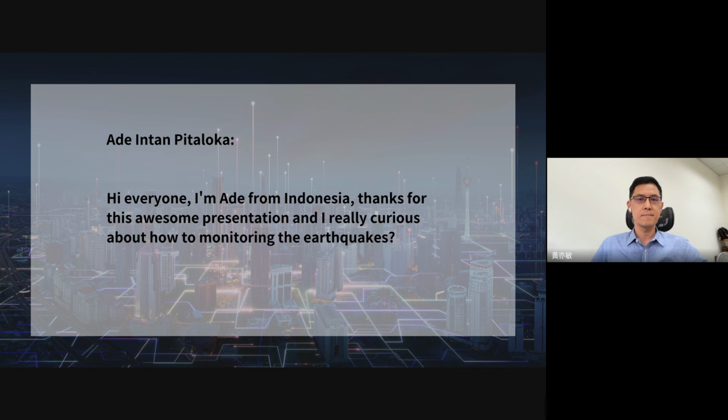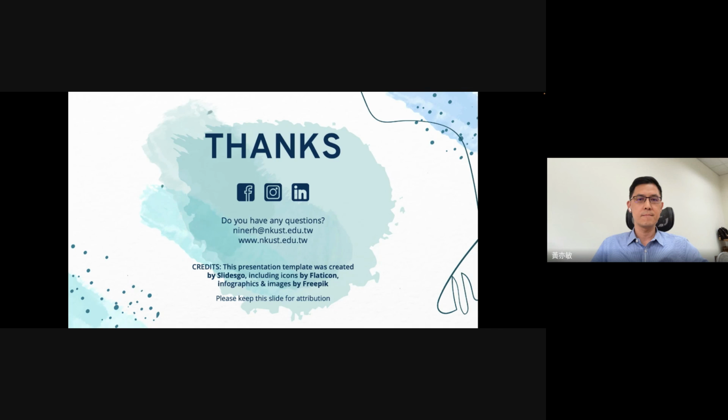You just need to install seismology sensors that will detect the vibration generated by the earthquakes. But we can only monitor the earthquake when it occurs. We cannot monitor it before it occurs because currently scientists cannot predict the occurrence of earthquakes.